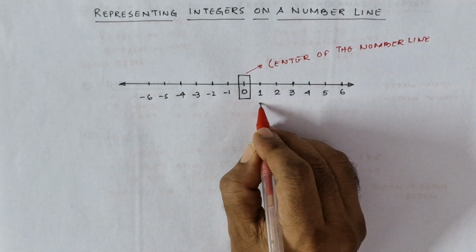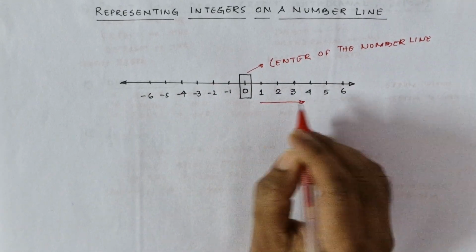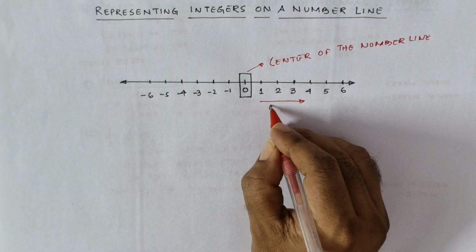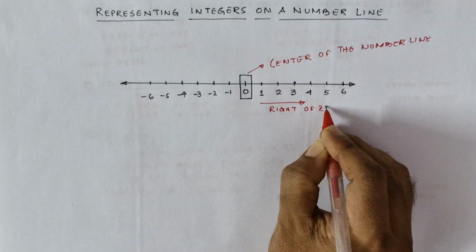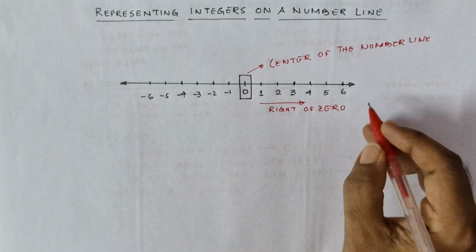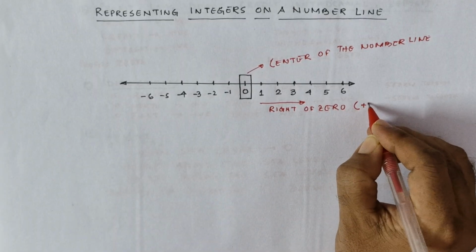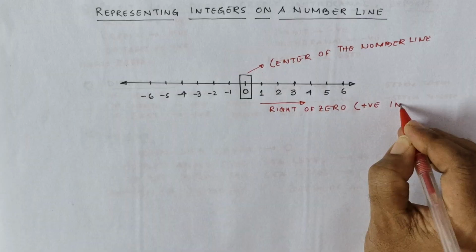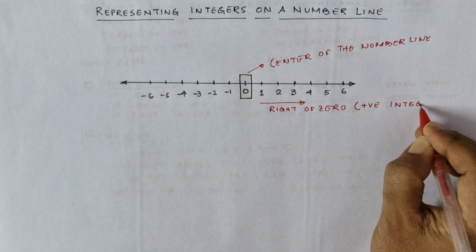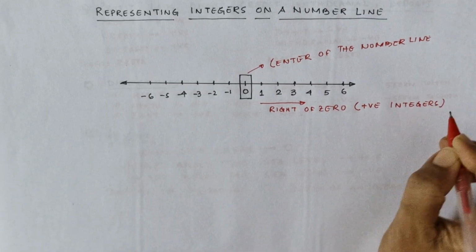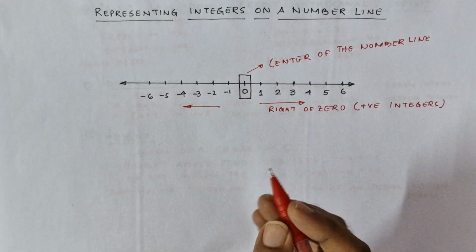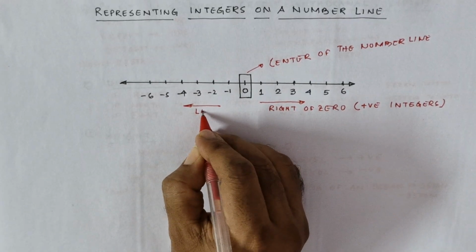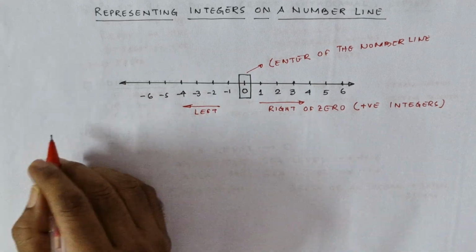And this is on the right, so right of 0. These numbers are positive integers. And these are towards the left. So what is on the left?